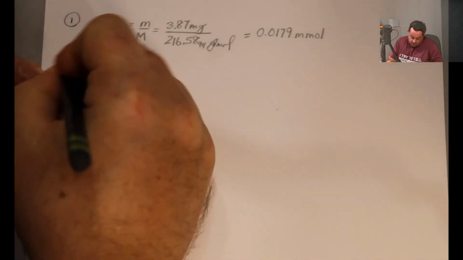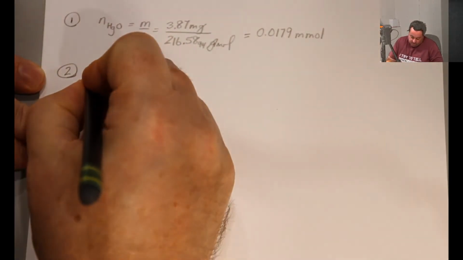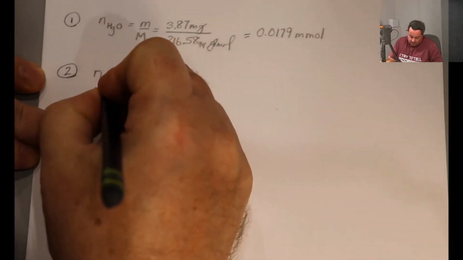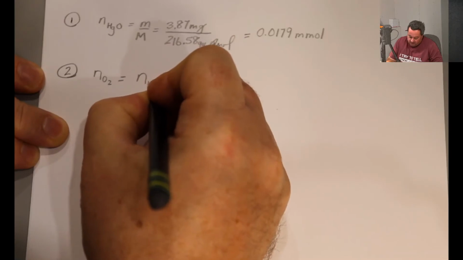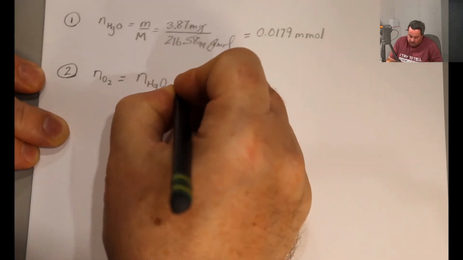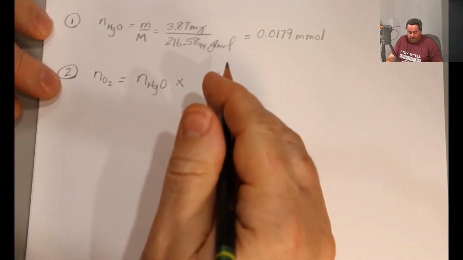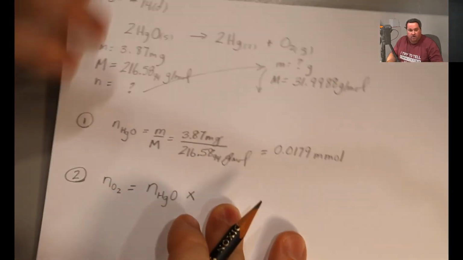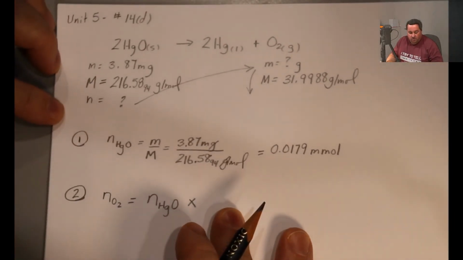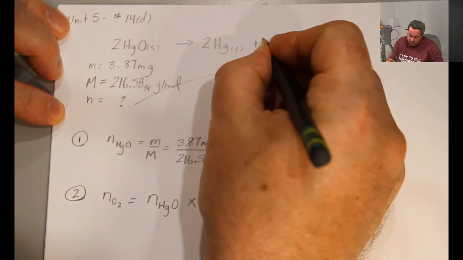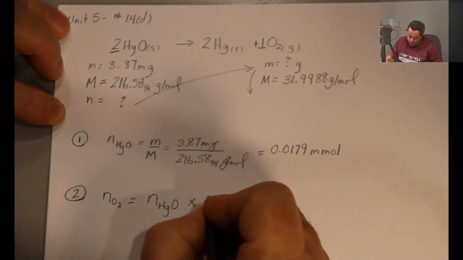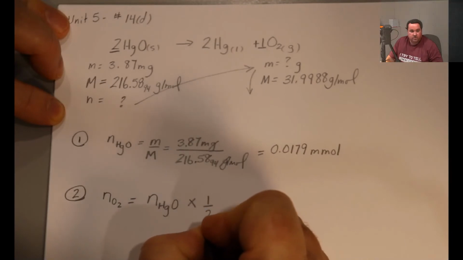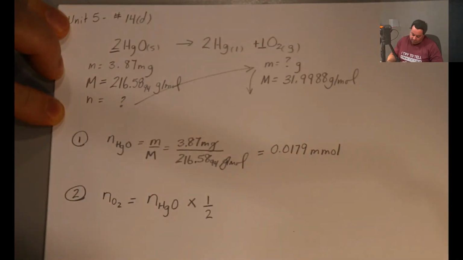Step 2, to figure out the number of moles of oxygen, it's equal to the number of moles of the reactant HgO times the mole ratio, and the mole ratio is always the coefficient of the required substance over the given substance. So 1 over 2 in this case.